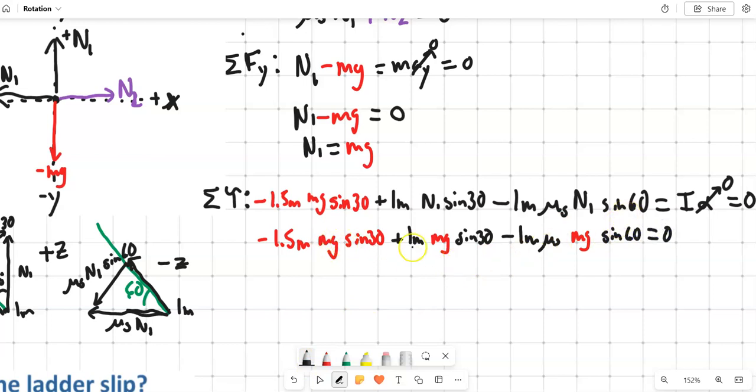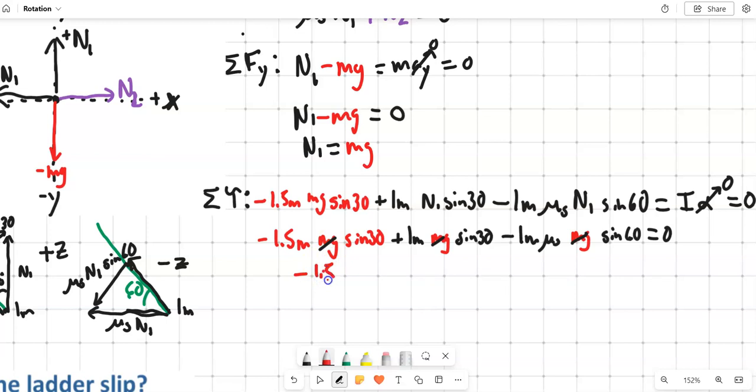Since all of these have an mg in it, you could divide both sides by mg, which is just going to leave you this. You're going to eliminate that. That's just going to become 1.